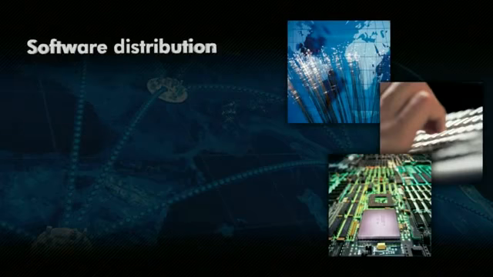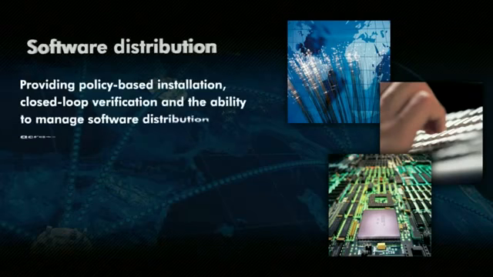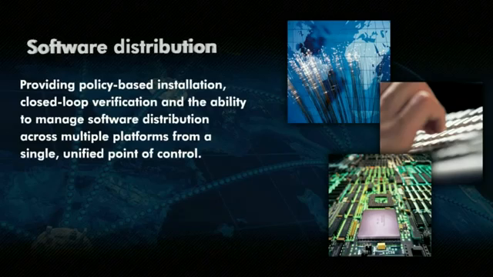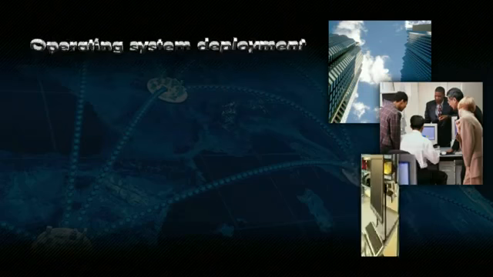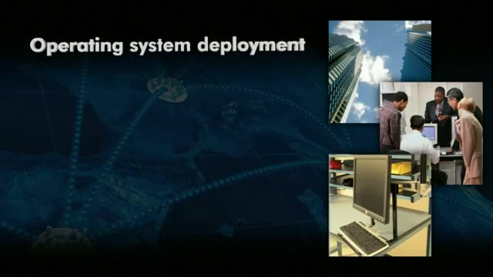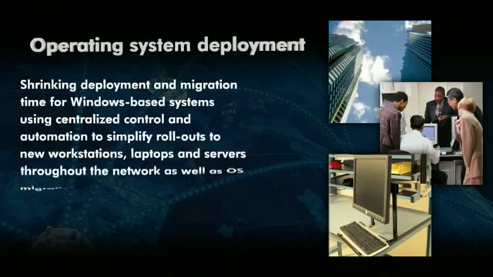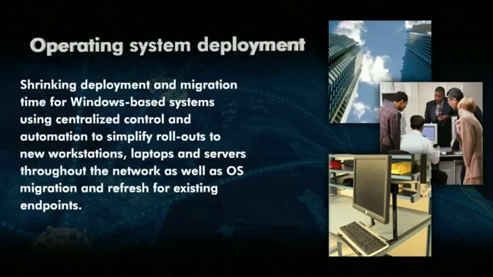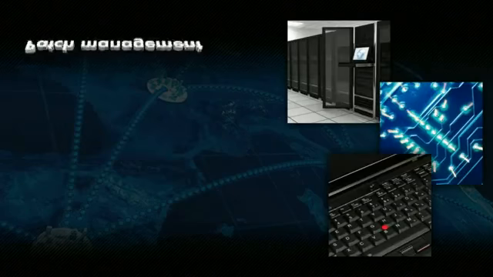Software distribution, providing policy-based installation, closed-loop verification, and the ability to manage software distribution across multiple platforms from a single unified point of control. Operating system deployment, shrinking deployment and migration time using centralized control and automation to simplify rollouts to new workstations, laptops, and servers throughout the network, as well as OS migration and refresh for existing endpoints.